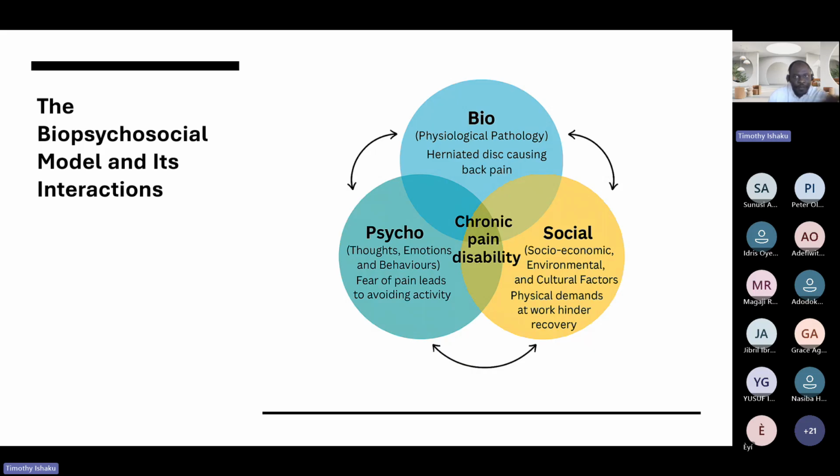So the chronic pain disability, at this stage, I think, cannot be explained simply because the patient has a herniated disc. There are other factors. Yes, he or she has the herniated disc in the beginning, but it has not been properly managed, and all those underlying factors make it difficult, so we need to take that into consideration when we are considering our treatment.